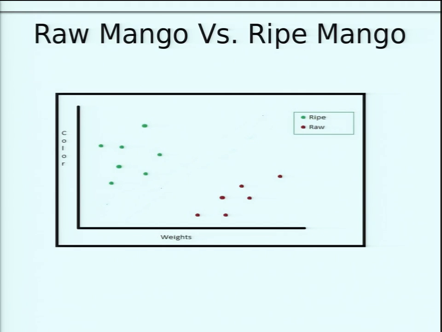Or you could say two separate clusters can be formed, but there's a very clear separation between them, right? So if I can learn a separating boundary between these two classes, given a new mango, I can say which side of the separating boundary it is on and just determine whether it's raw or ripe, right? So that's how I would make a computer learn to classify mangoes.